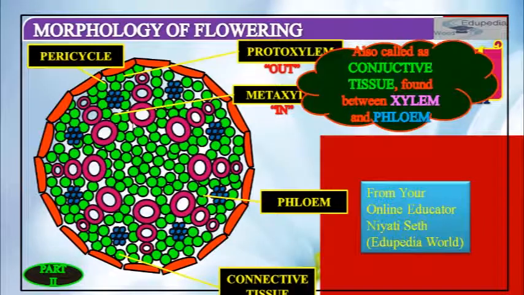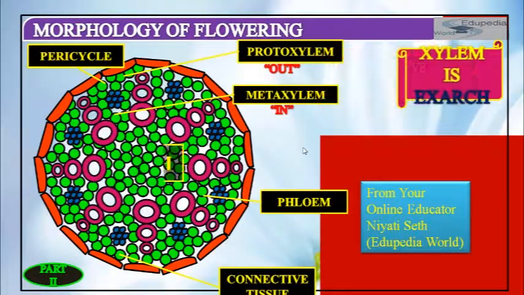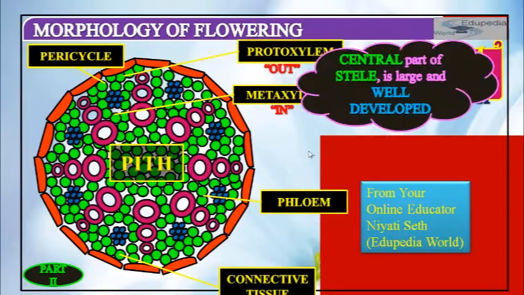It is also called conjunctive tissue, which is found between xylem and phloem. As I told you, it separates xylem from phloem, that means it separates one vascular bundle from another vascular bundle. And this is pith. The central part of the stele is large and developed.